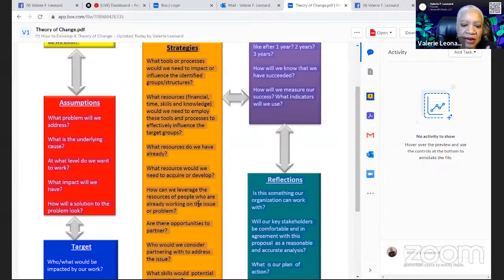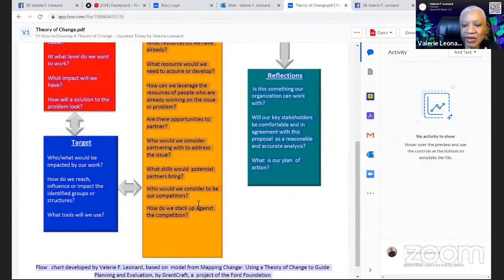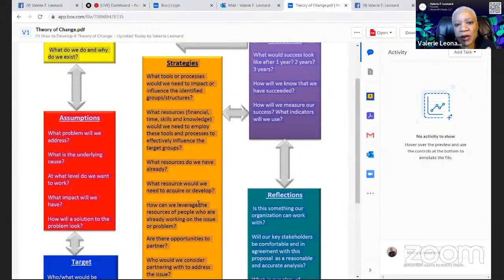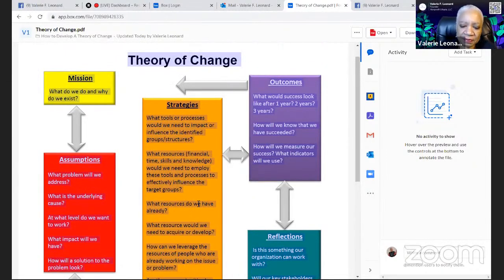What resources do we have already? How can we leverage the resources? I'm not going to read all of those questions, but if you're a member of the Nonprofit Utopia community, you will have access to this downloadable file, and there's a worksheet that goes with it.